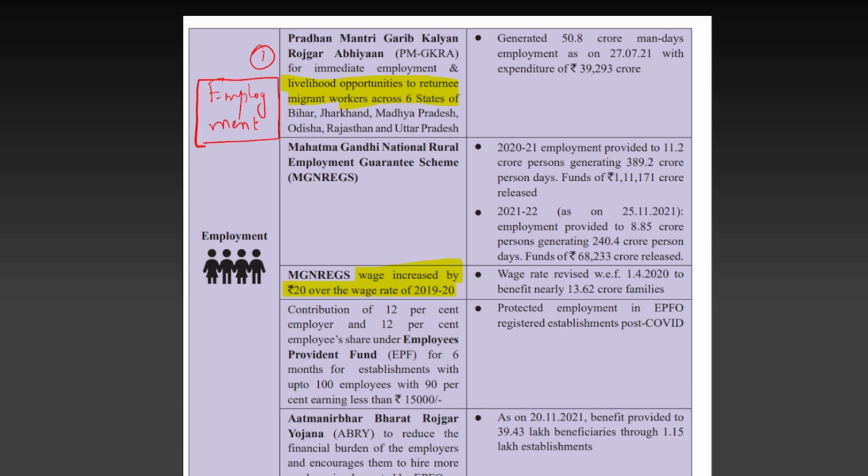This scheme is for 6 states, and if you think about it, these are the states where the migrant laborer issue arose during the 2020 corona lockdown. The migrant laborers had to go back to their home states, and when they go back, you have to have jobs for them, and that is the point.